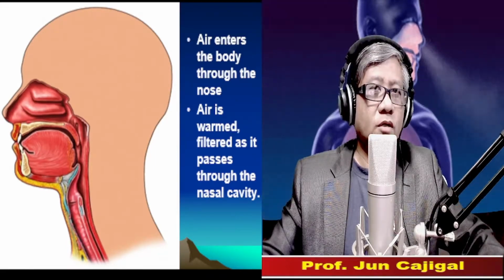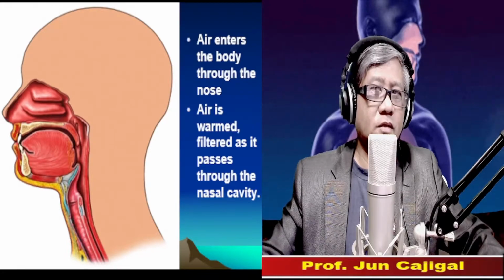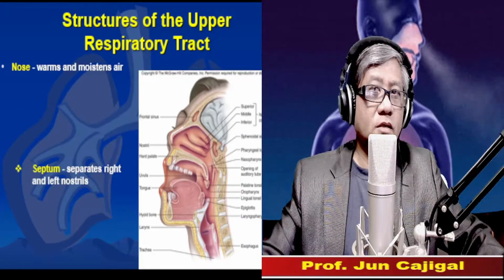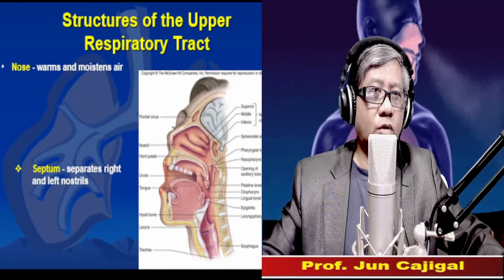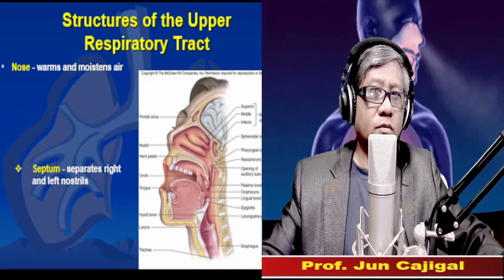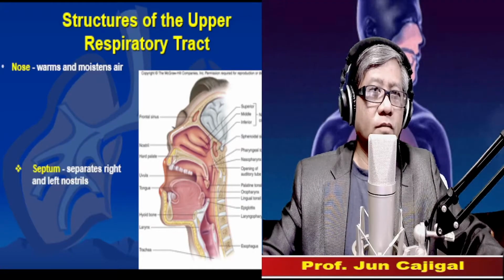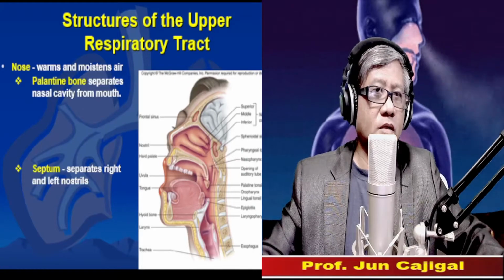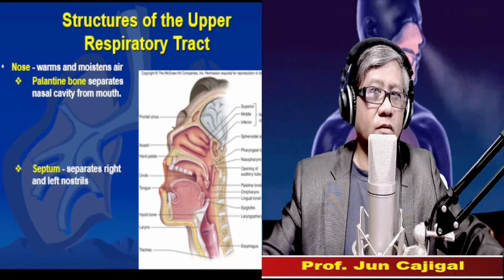Now let us go into the details of the anatomy of the nose and the nasal cavity. Again, in the nose and in the nasal cavity, air is warmed, moistened, and filtered. In terms of its anatomy, the nose is composed of the following. First, we have the palatine bone. The palatine bone separates the nasal cavity from the mouth.